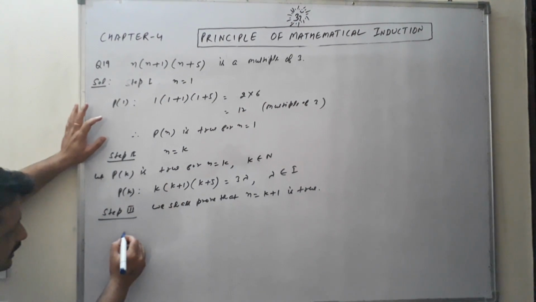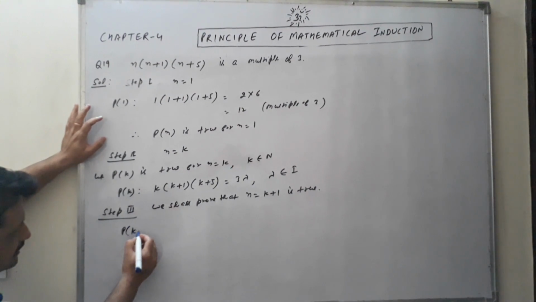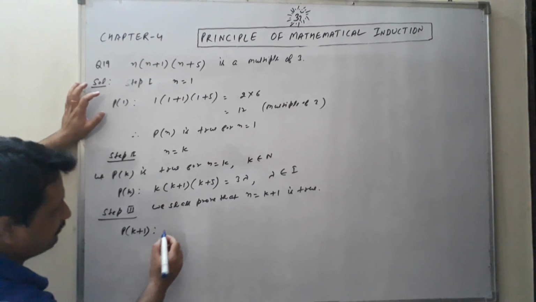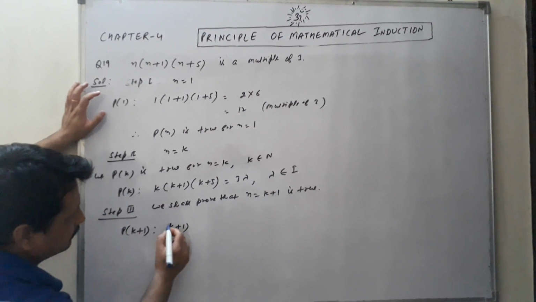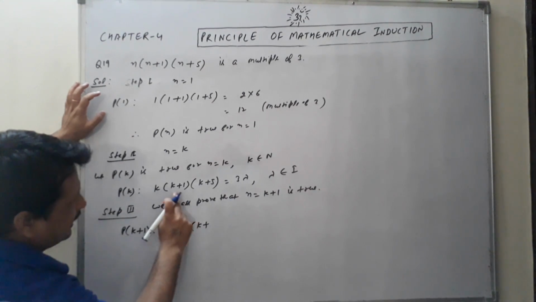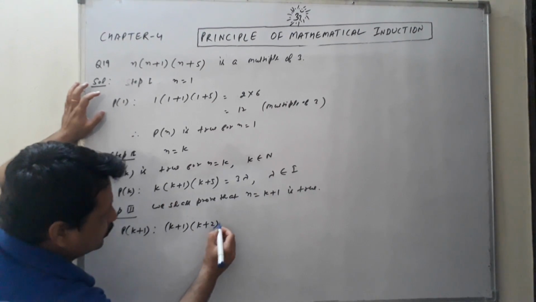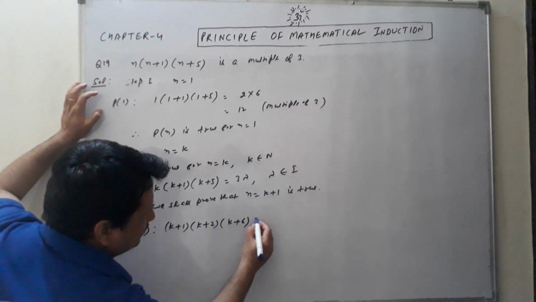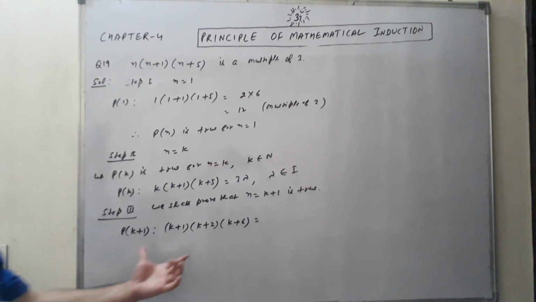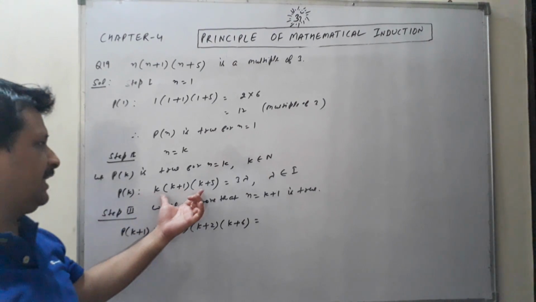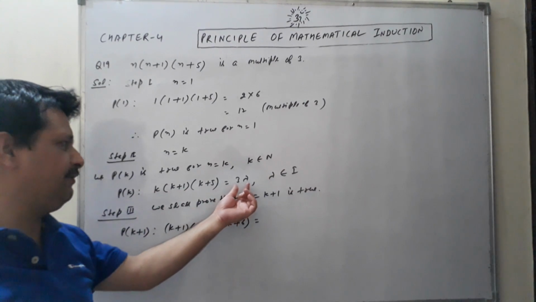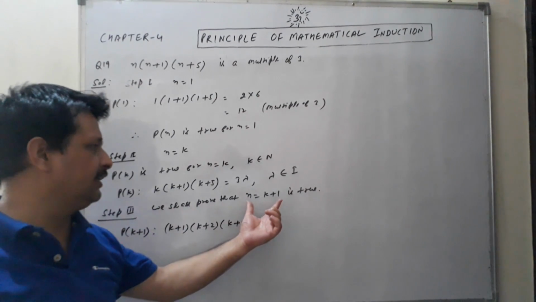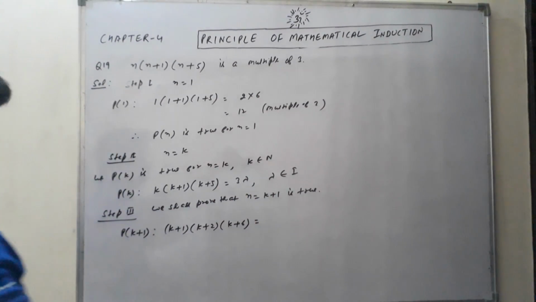So what you will say students, you will say P of k plus 1, that is, make the change here: this k will become k plus 1, this is k plus 1 plus 1, that is k plus 2, this will become k plus 1 plus 5, that is k plus 6. Now we will solve it. We will make use of step number 2 here, that I have let it be equal to 3 lambda, and we can show that n is equal to k plus 1 is also true students.